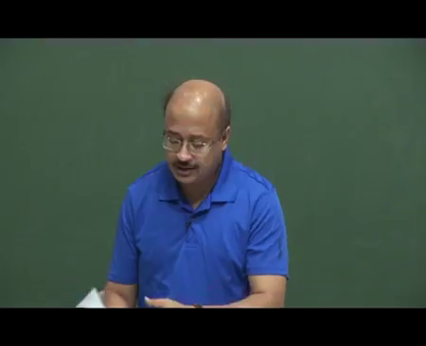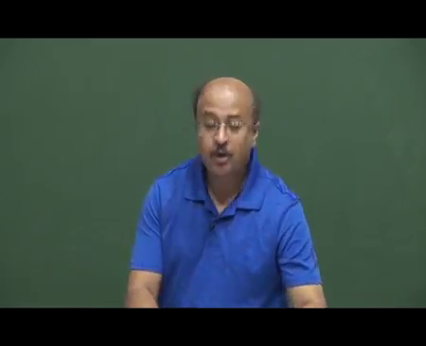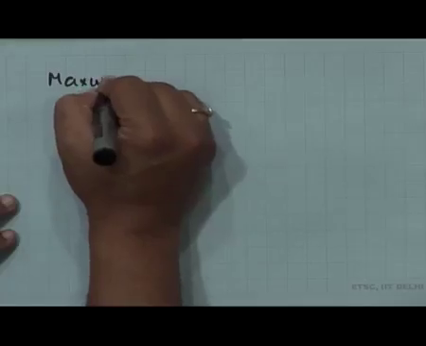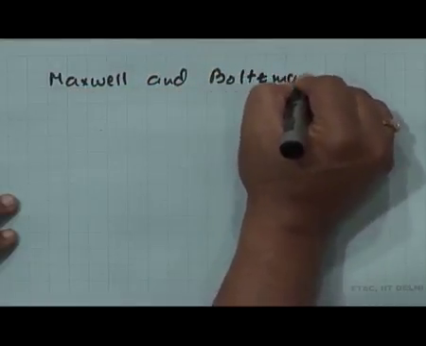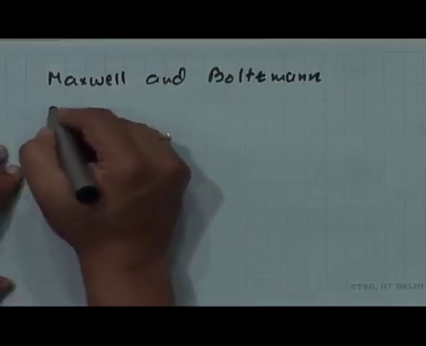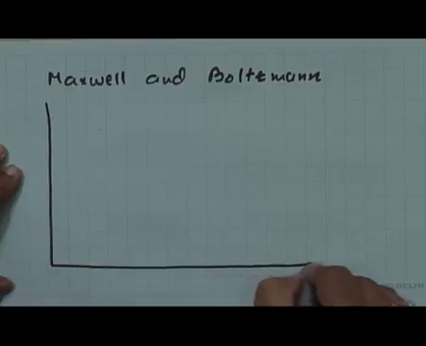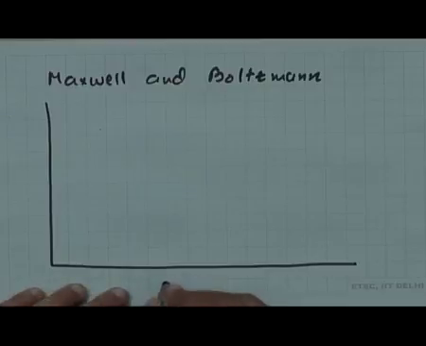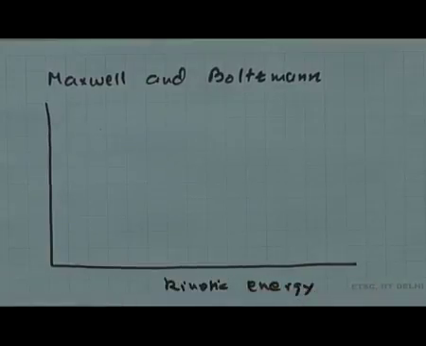But first let's take a look at the distribution of kinetic energy. So this distribution was first proposed by Maxwell and Boltzmann, through a series of equations that they derived. So this is how the distribution looks like. So this is kinetic energy.